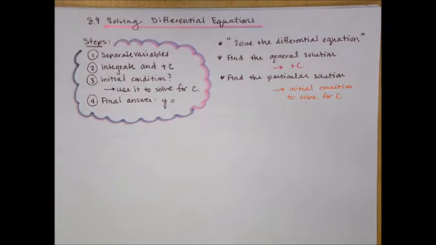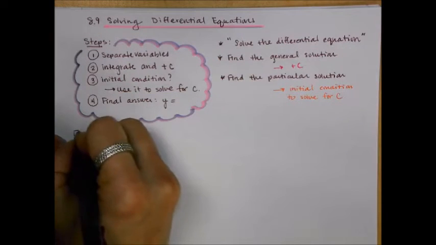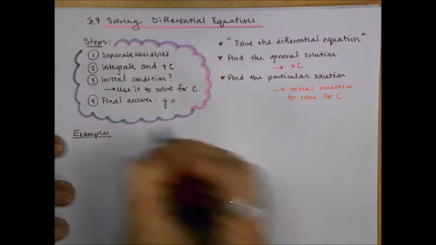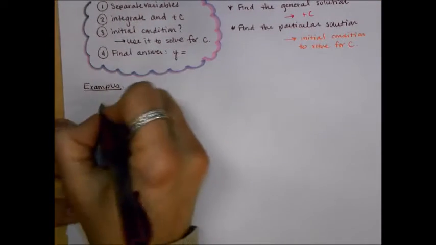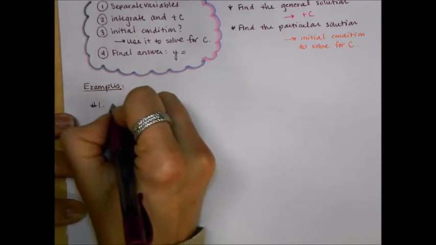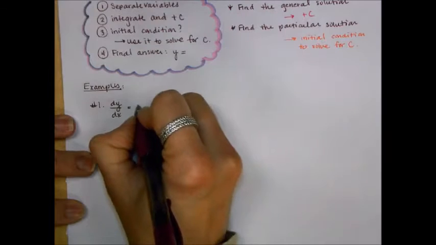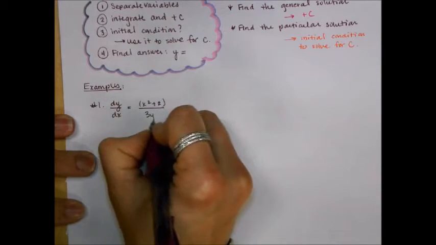With that, I'm going to go through a few examples. And I'll start off with a bit of review of these types of problems. So the first question, dy dx is equal to x squared plus 2 divided by 3y squared.